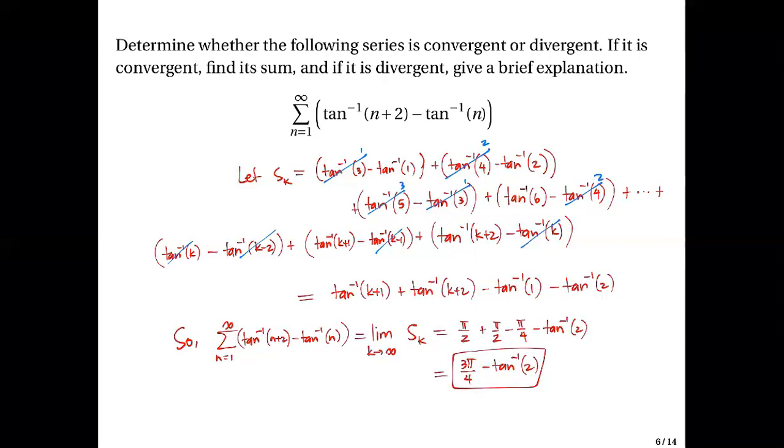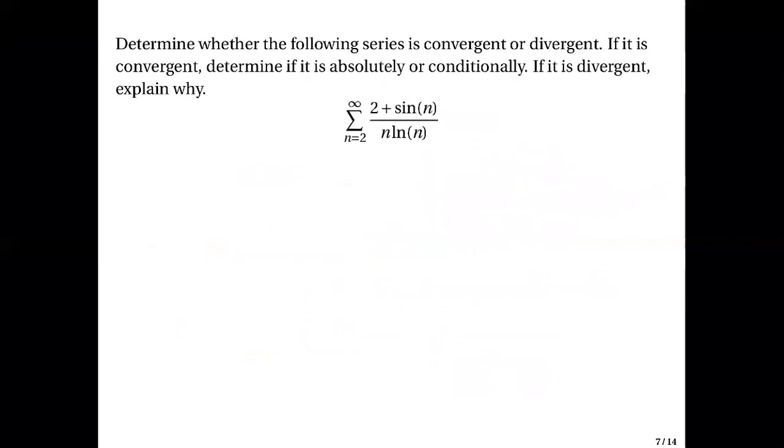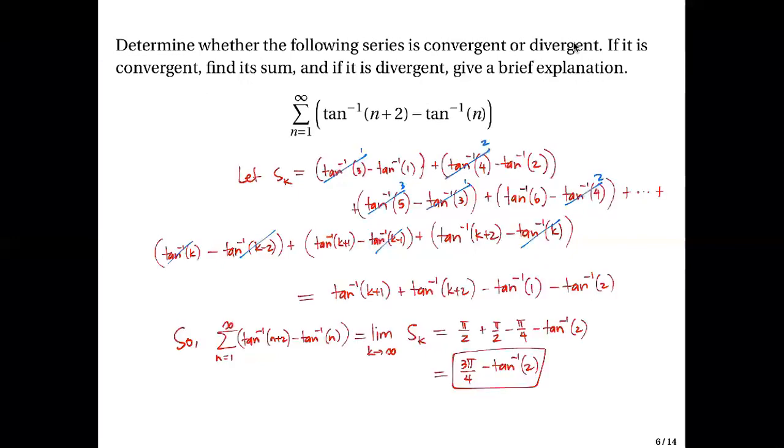Next problem. Determine whether the following series is convergent or divergent. If it is convergent, determine if it is absolutely or conditionally. If it is divergent, explain why. So in here, look at the difference between this problem and the previous problem.